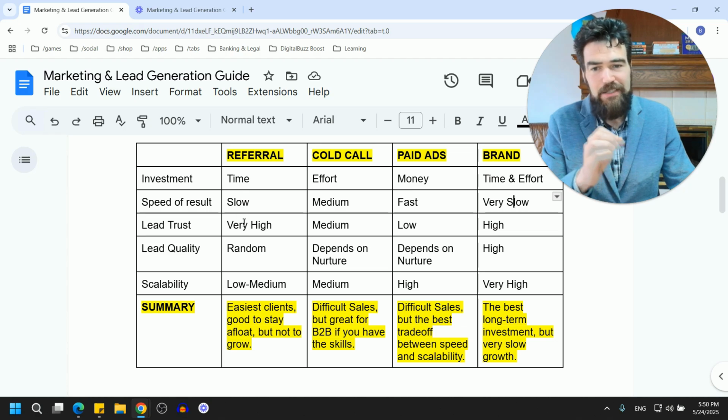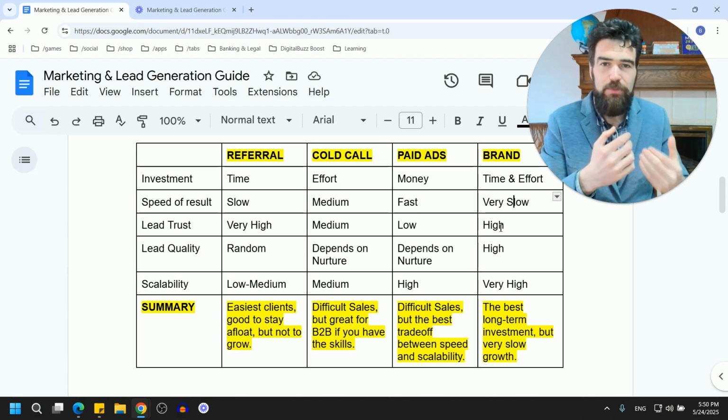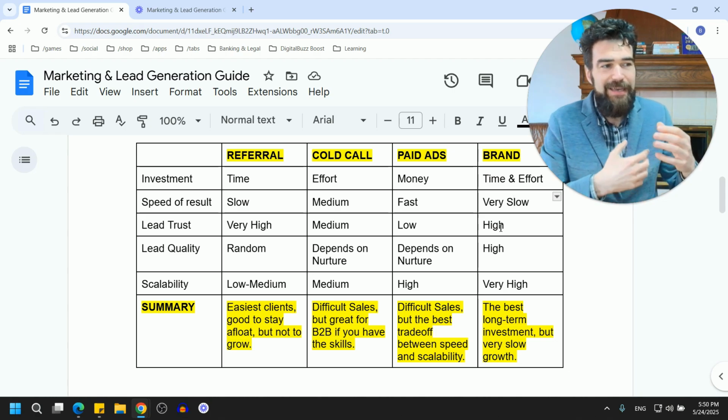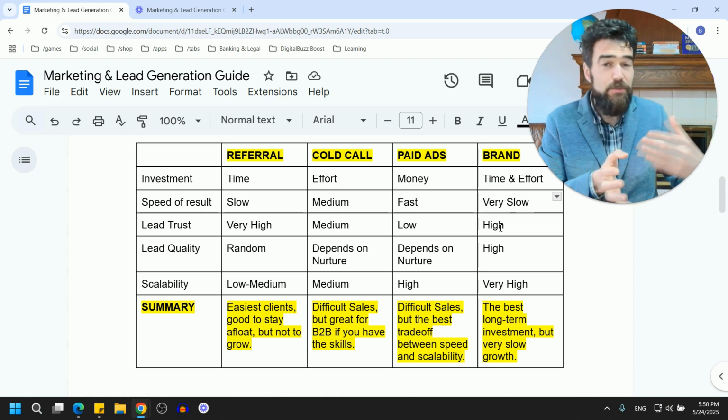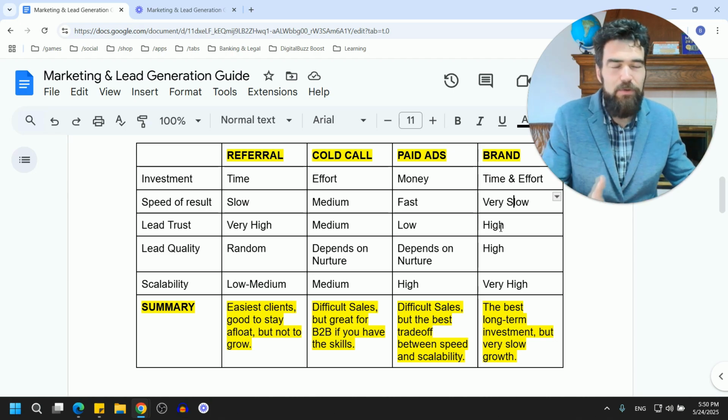It's not as high as referrals, but it's quite high because these people, they consume your content, they've seen your videos, they know you're an expert, and if they decide to go to you, then you don't really need to force them into anything.